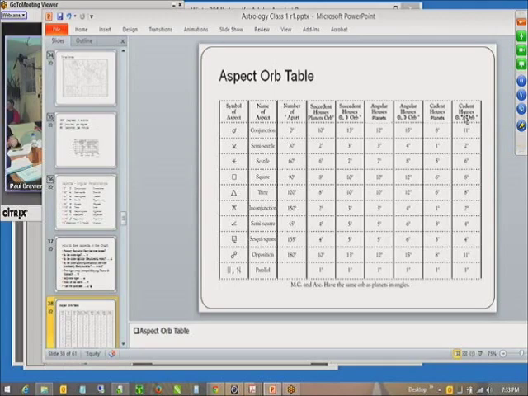Okay, so the cadent houses have an orb for an aspect that is not as wide because they're weaker houses.